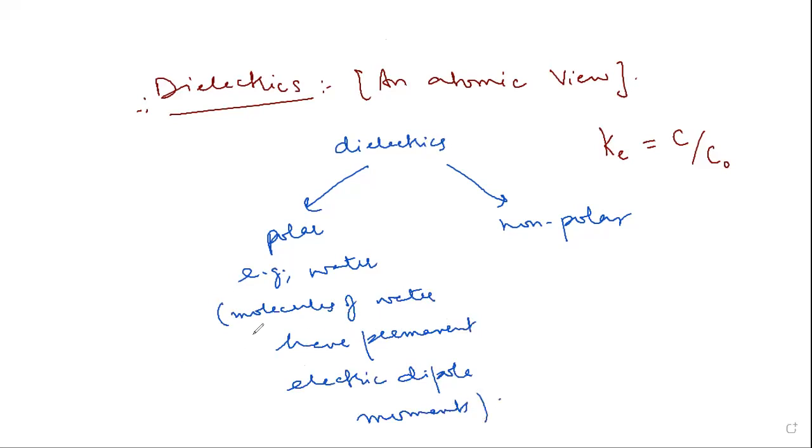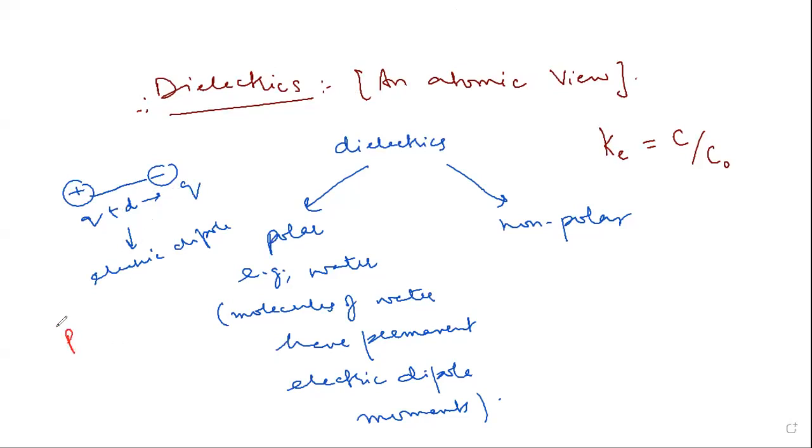Remember the definition of electric dipole moment. An electric dipole by definition is a pair of two equal and opposite charges separated by a certain distance. For example, if I have plus q charge and minus q charge separated by a distance d, it forms an electric dipole. We define an electric dipole moment for a dipole.